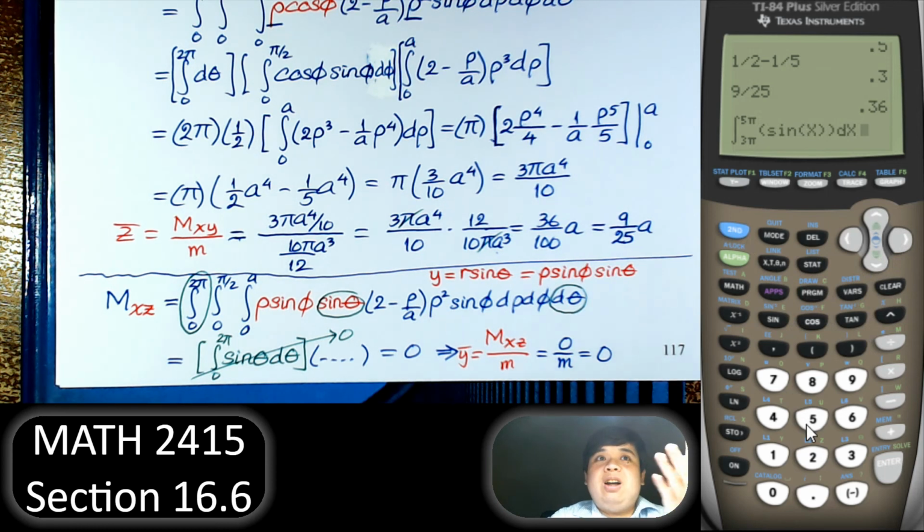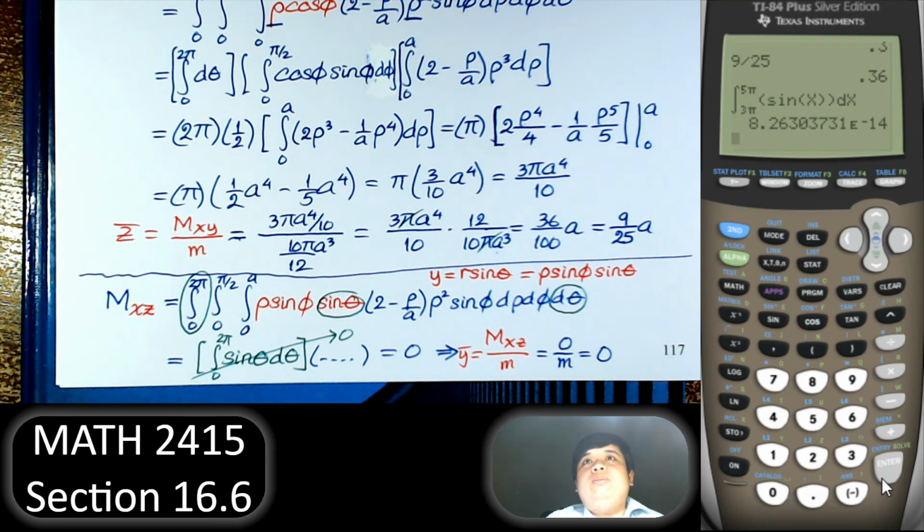So I have sine going for one period. The length is 2 pi. That should be 0. But the calculator shows a very small number, e to negative 14, meaning times 10 to the negative 14, which is extremely small. That is calculating machine error, but it should be 0.